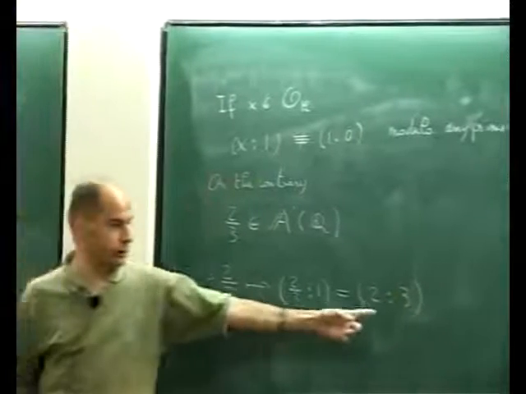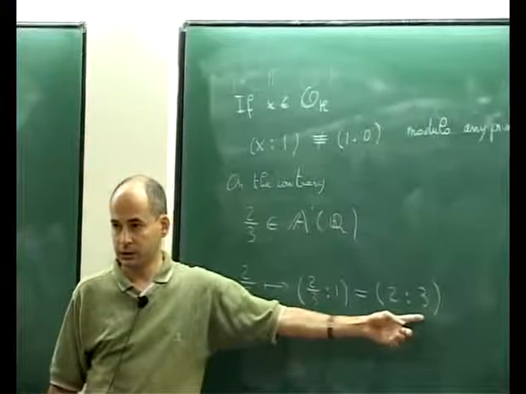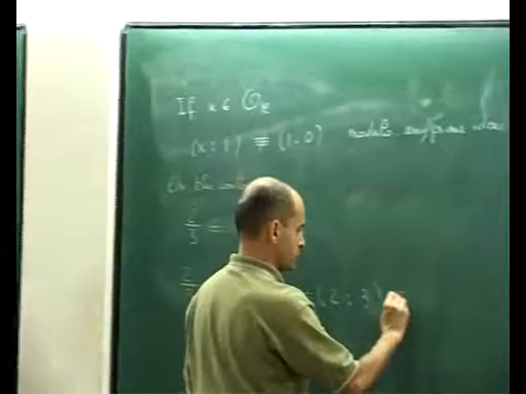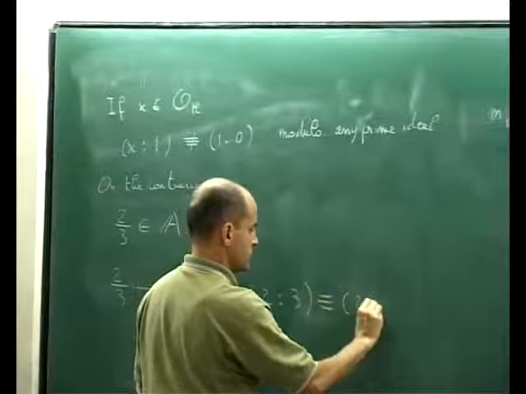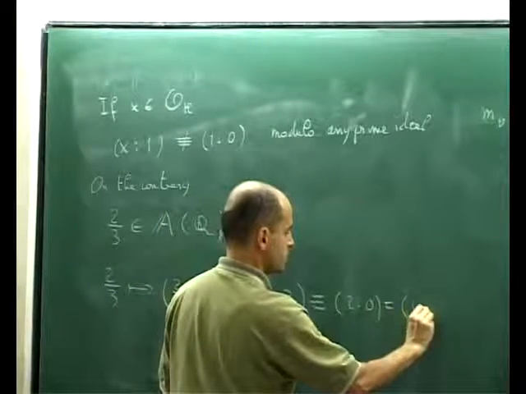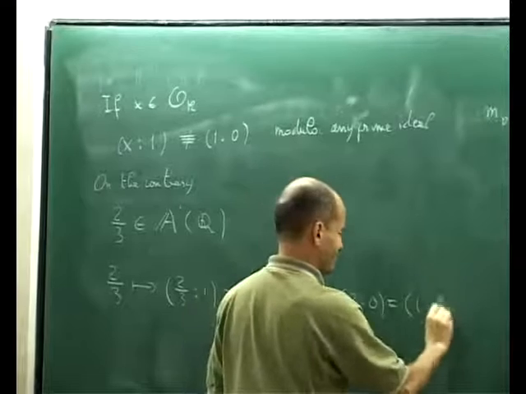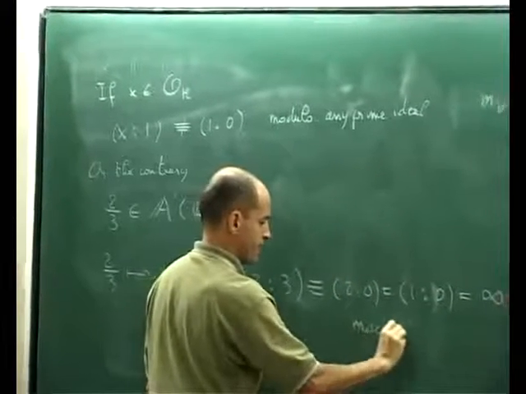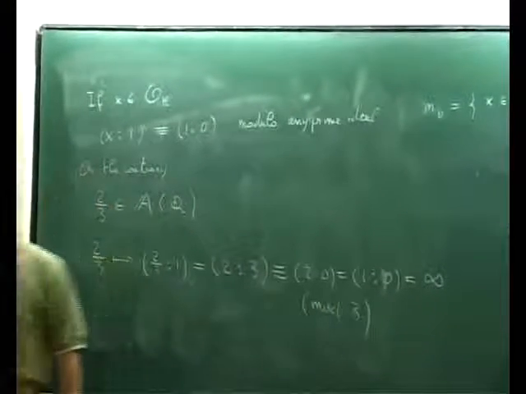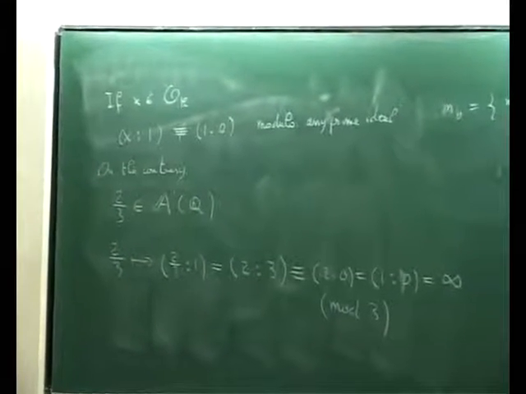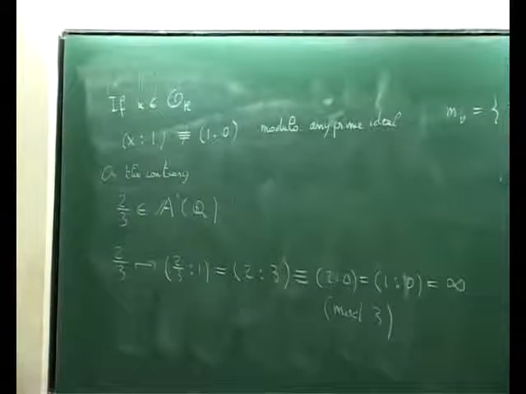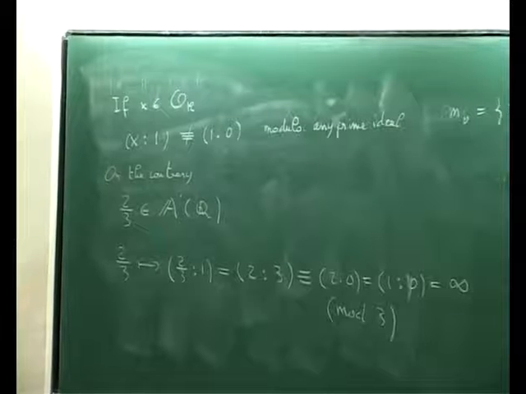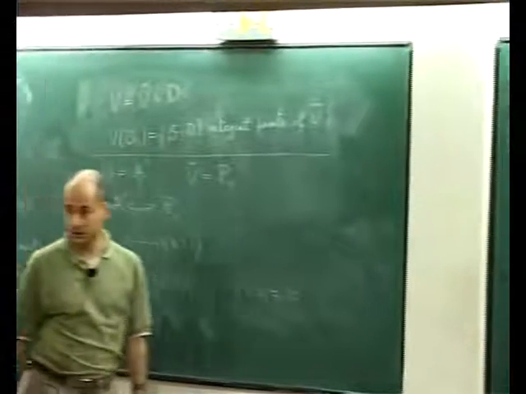Now I've written my point with coprime integral coordinates, and this is congruent to the point (2, 0), which is the same as (1, 0), the point at infinity, modulo 3. So this is the reason why it's not an integer. So we obtain that integral points on A1 are just integral points in the naive sense.